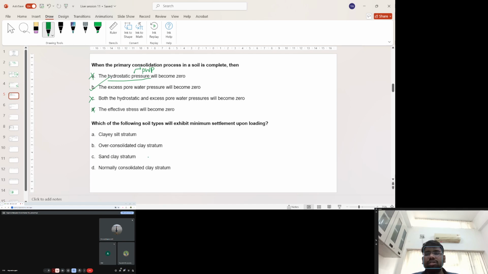And the over consolidated clay stratum, unless the pressure crosses the pre-consolidation pressure, undergoes very little settlement, and the soil will start to rebound. So in this case, the right option will be over consolidated clay stratum, obviously.